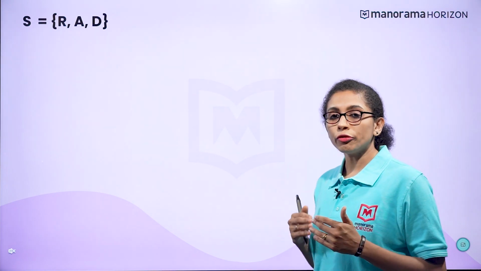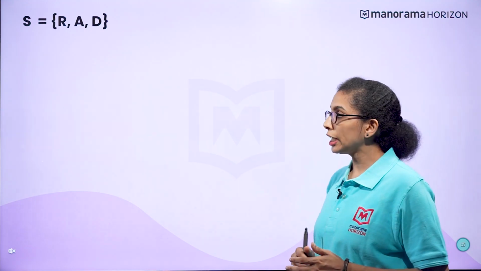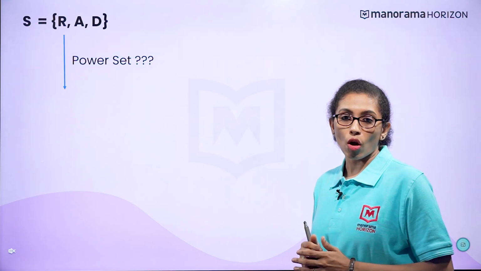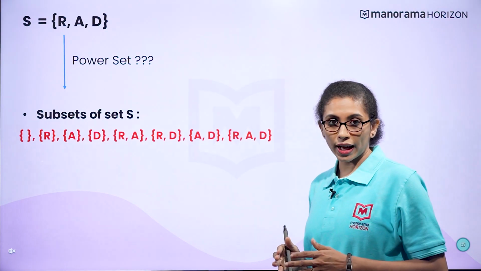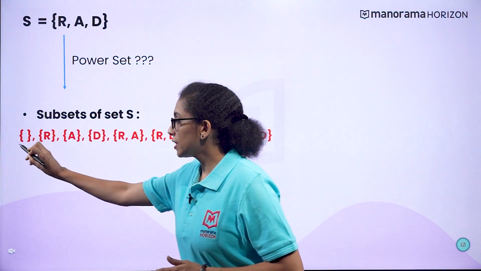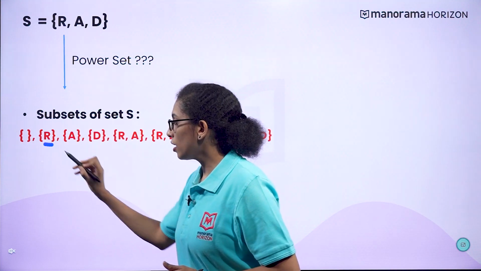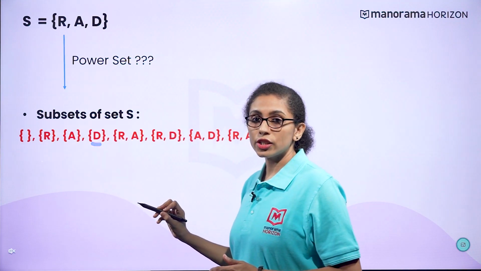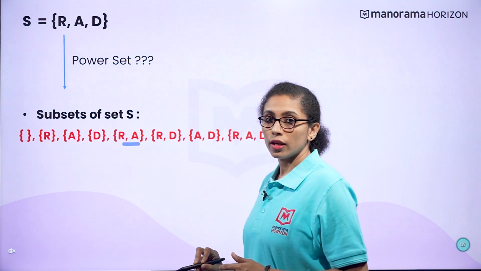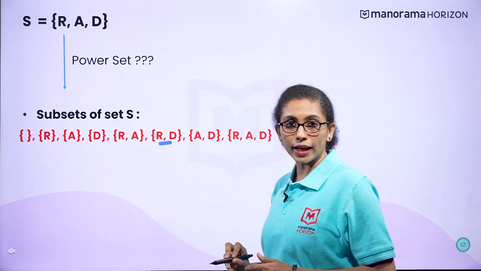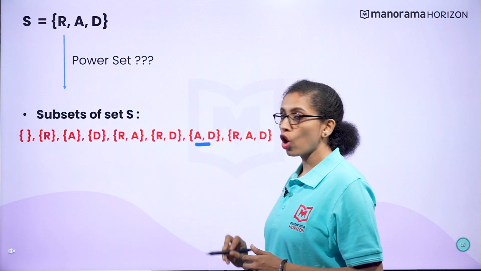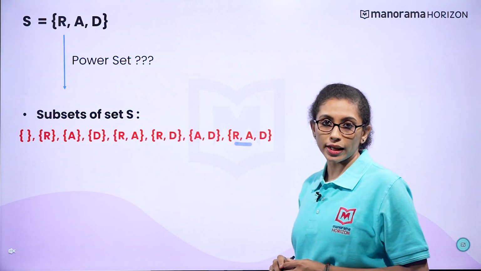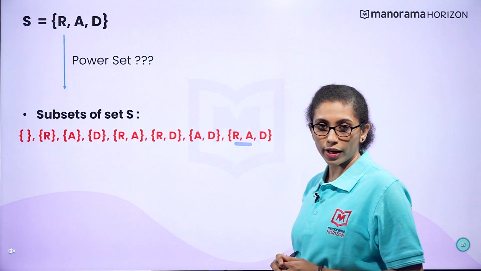In order to find the power set, we need to first write all possible subsets of set S. So we will get a null set, {R}, {A}, {D}, {R, A}, {R, D}, {A, D}, {R, A, D}, the set itself, right?